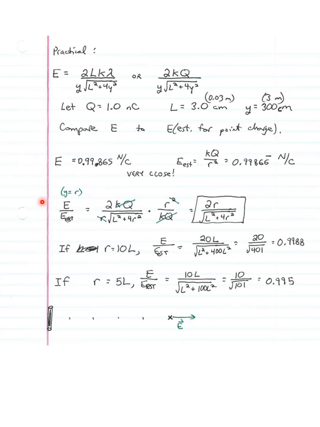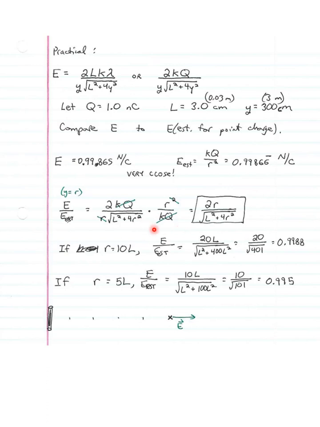So let's take a ratio of the true electric field, using the line charge equation, over our estimated electric field for a point charge. It becomes 2kq, using this equation but turning all the y's into r's, so 2kq over r, formerly y, square root of L squared plus 4r squared, times r squared over kq.